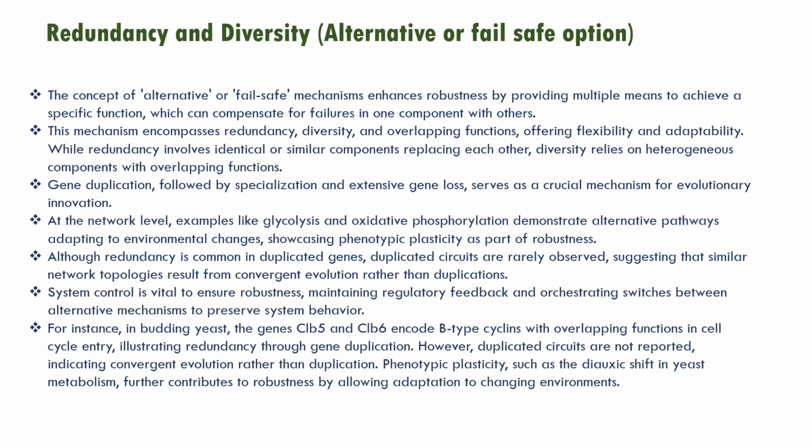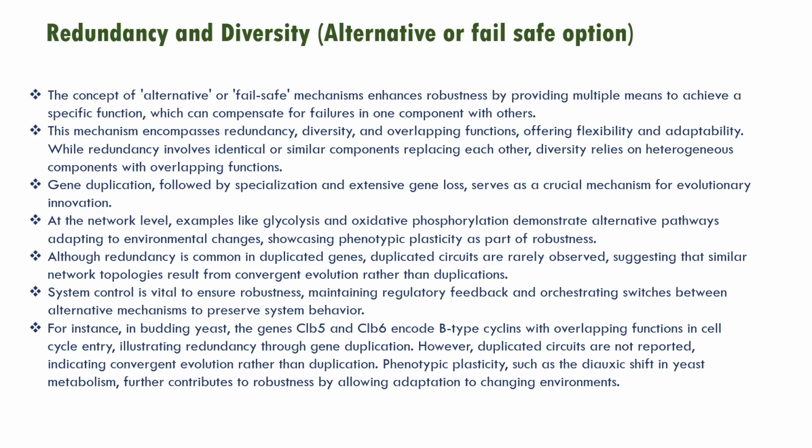When there is not enough oxygen present in the environment, they do anaerobic respiration for their energy needs. So this kind of diversity between alternate pathways or mechanisms leads to adapting to environmental changes, and these show phenotypic plasticity as part of robustness.